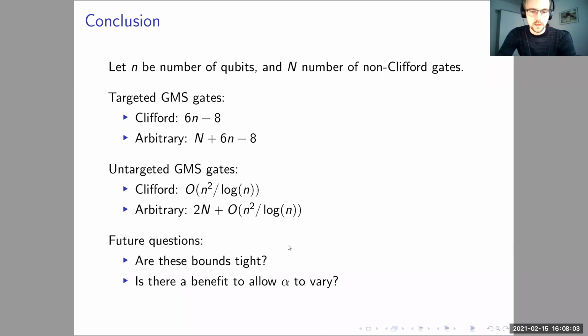And then the other question is, is there a benefit to allowing alpha to vary? I think I just realized that there is in the case of implementing these Clifford gates. If you allow alpha, if you have alpha and minus alpha, then you can do some cool things. But the case I'm also interested in is that physically you won't be able to set alpha perfectly.